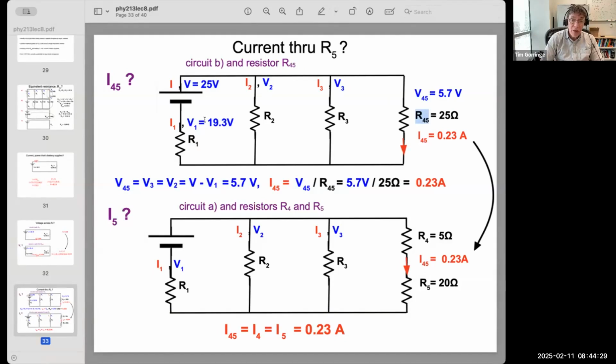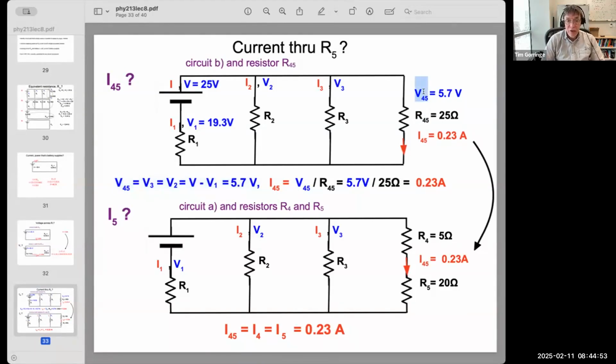And since we know that resistor R1 has 19.3 volts of it, then the remainder must be the voltage across R45. And 25 volts minus 19.3 volts, I've written it down here, is 5.7 volts. So the voltage across R45 is 5.7 volts.